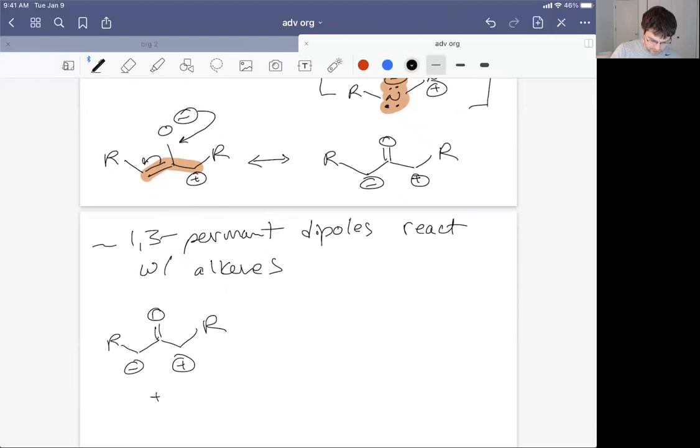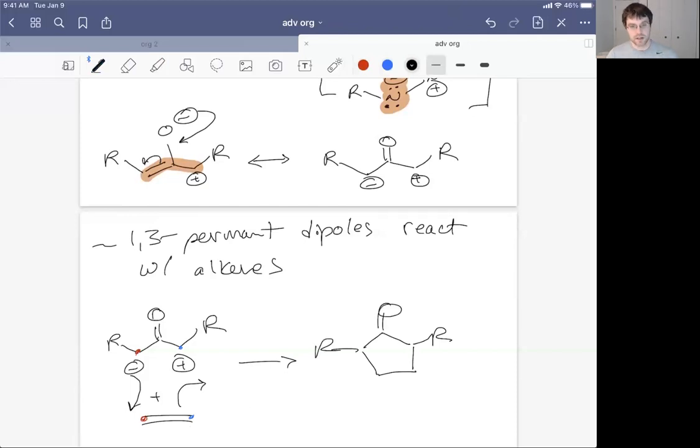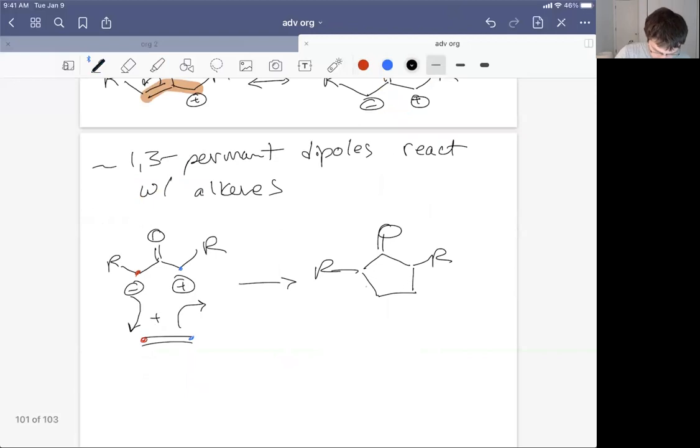And I'm going to let that react with our alkene, where the minus adds and then the double bond comes over. And we've got our new bonds forming between these 4 atoms. And this often gives rise to a 5-membered ring. So you typically look for which 5-membered ring can you form. And that gives us this as a product with these new bonds.